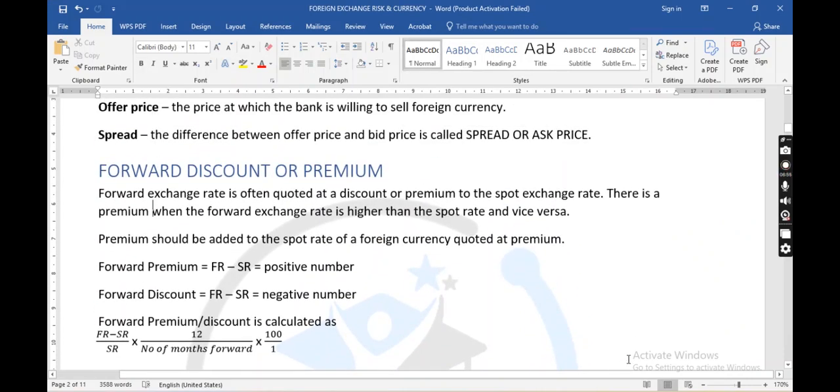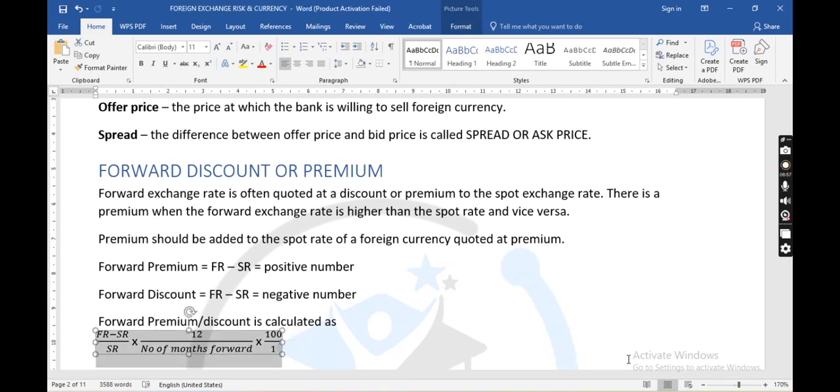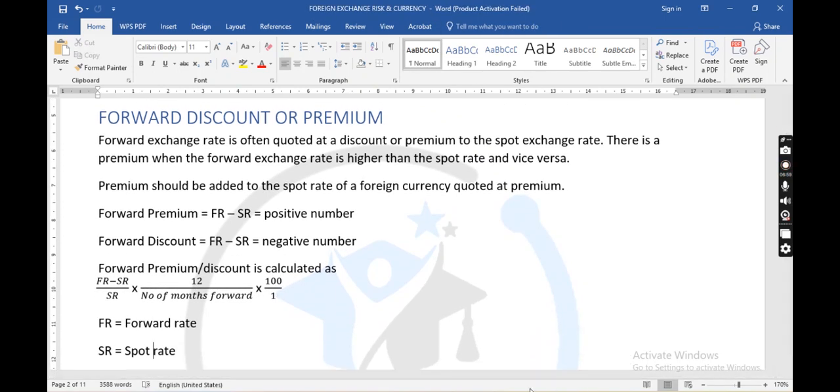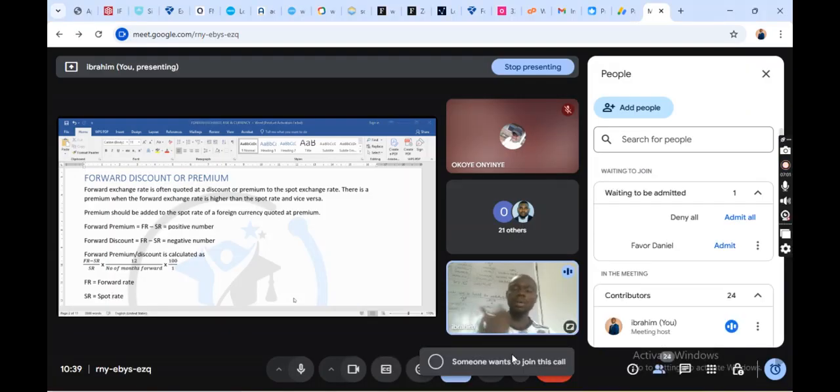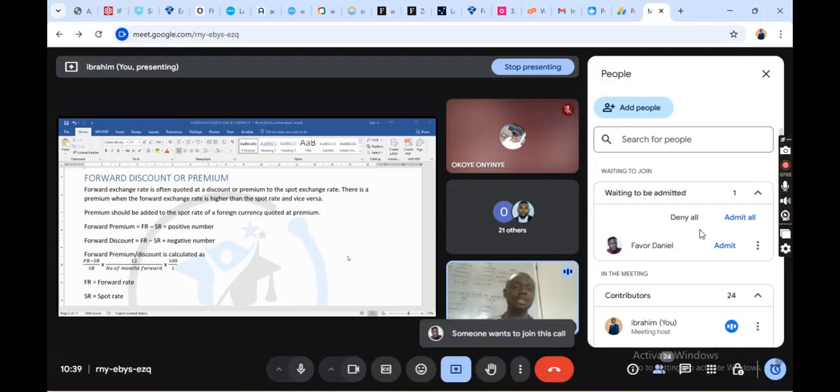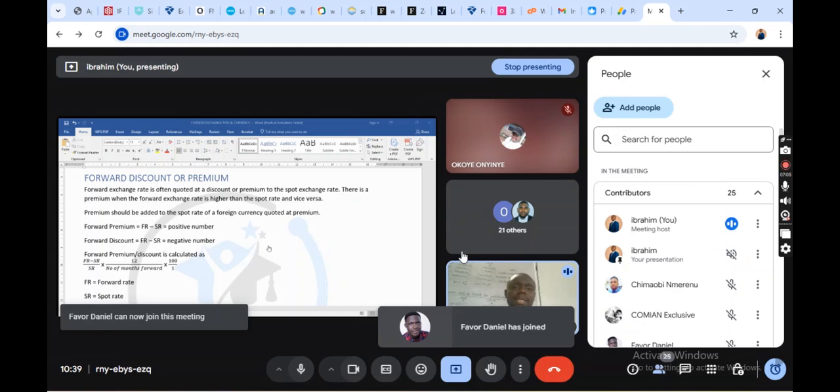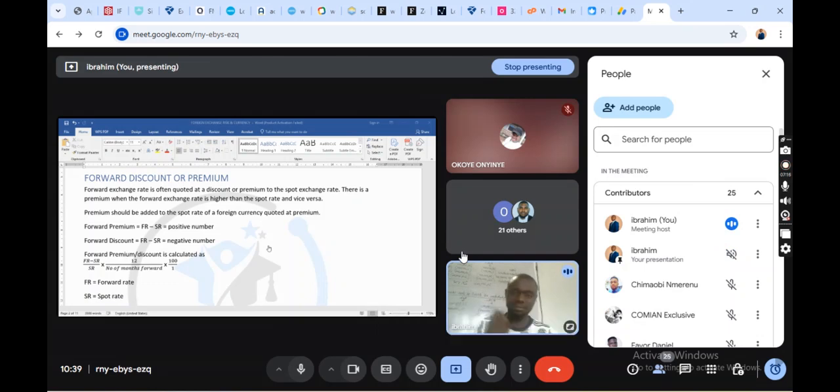So forward exchange, right? Even if we will not go deep into forward exchange rates, the most important thing here is for you to understand direct and indirect quotes. Establish that first.